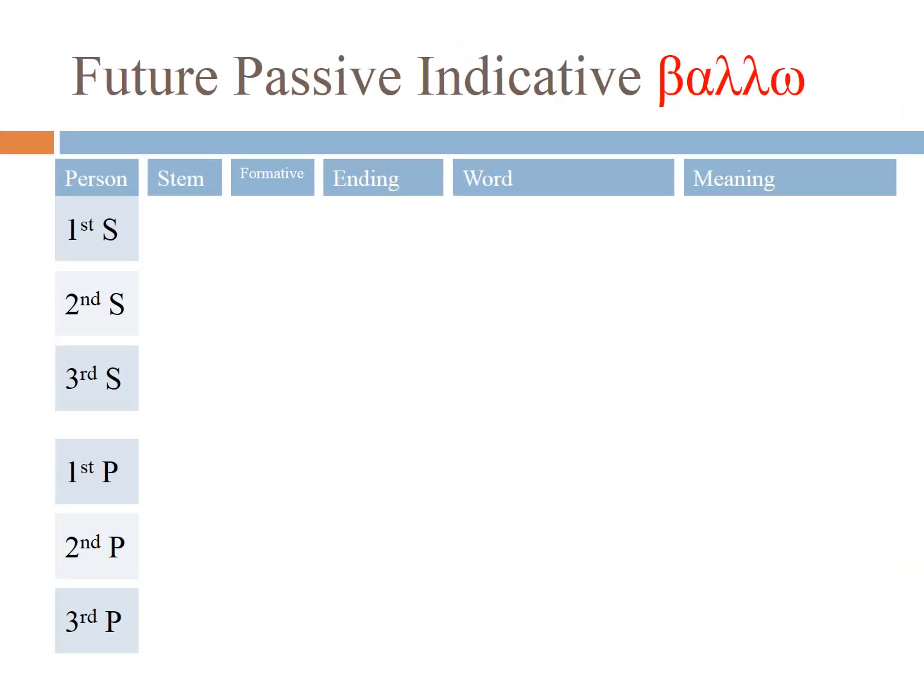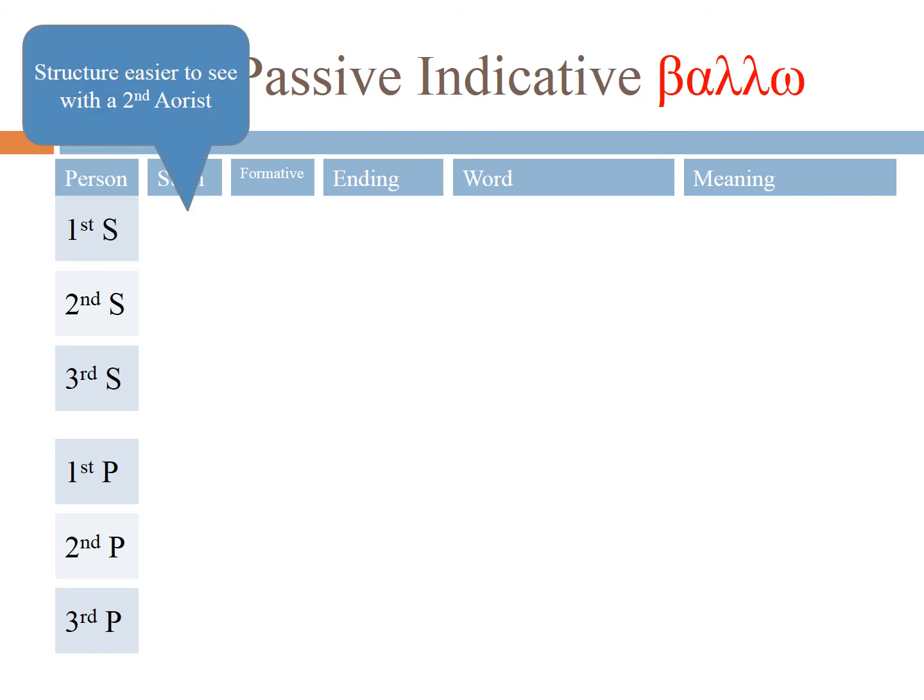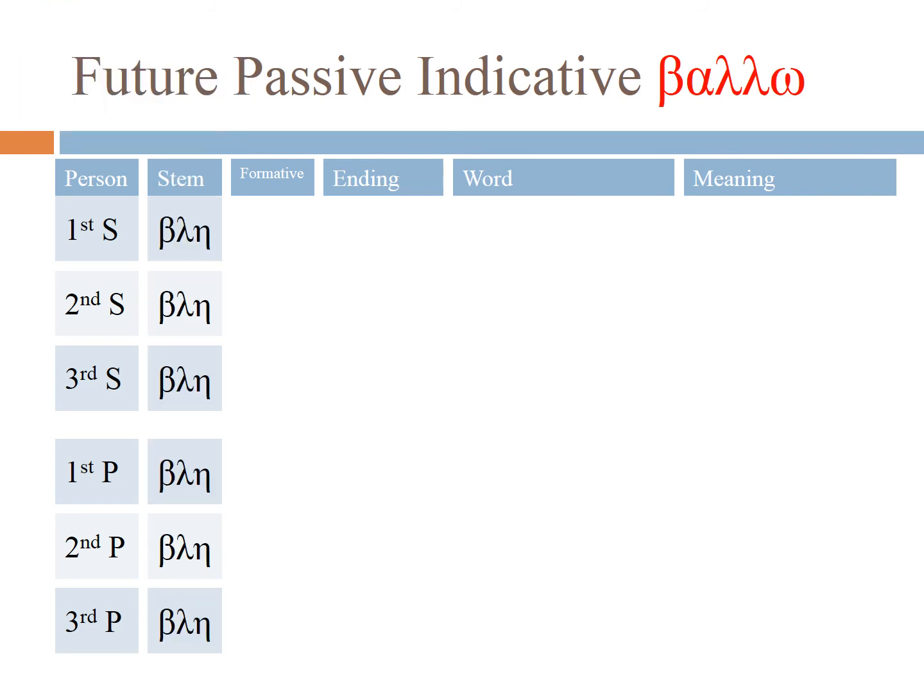The future passive indicative of βάλλω, let's look at the way it's put together. The structure is easier to see for this one. The reason we are choosing βάλλω is that it's easier to see because the aorist is different from the present. So we're going to put down the stem βλη.